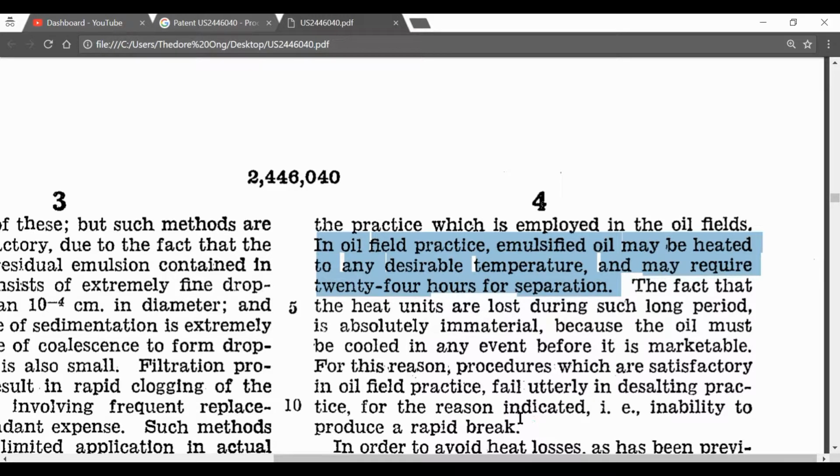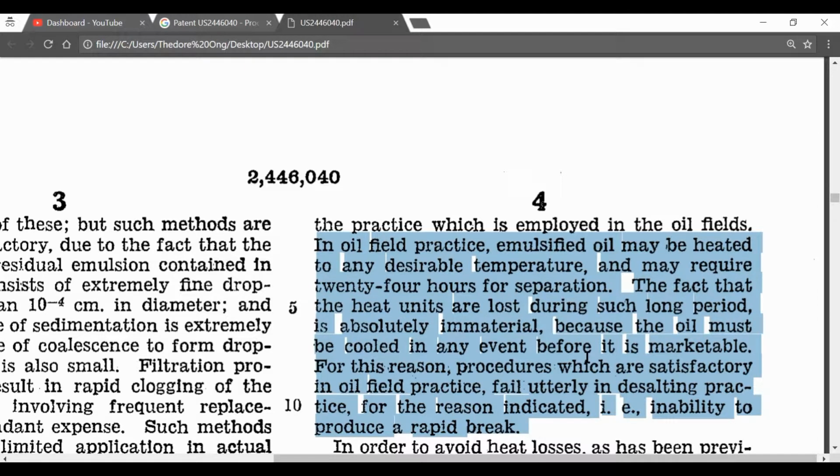So this whole paragraph talks about the need for heat integration. Basically, you want to heat up your oil to distill it. Or when you want to demulsify your oil using chemicals, you need to heat it up to a certain amount, just like the electrostatic ones, which require about 90 to 150 degrees. But after you heat it up to 90 to 150 degrees, you don't want the oil to cool down, because then you have to spend extra energy to heat it up again.